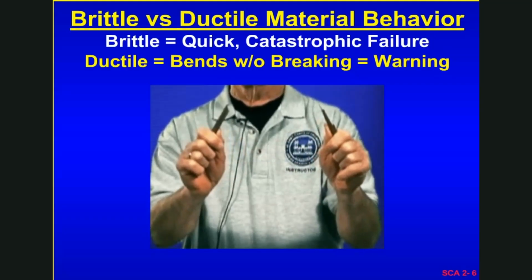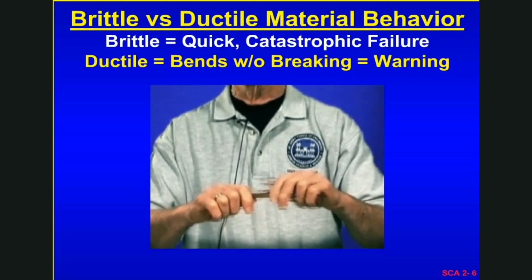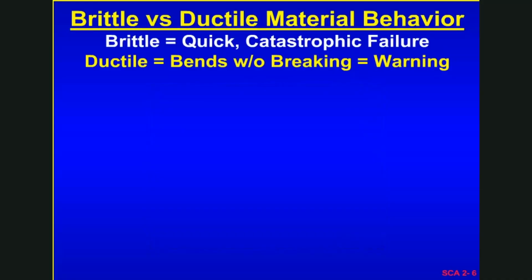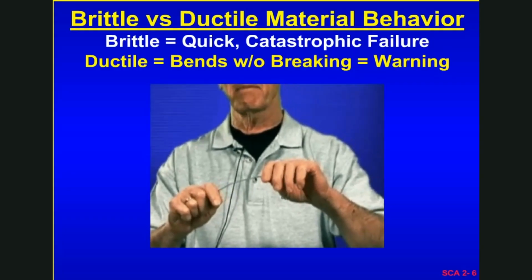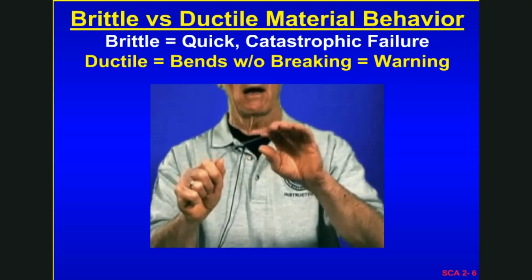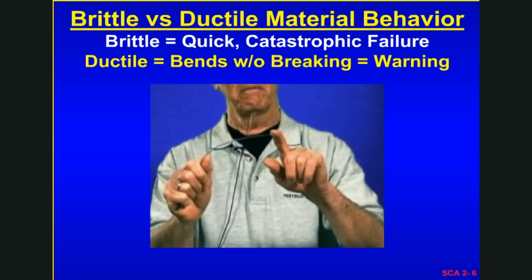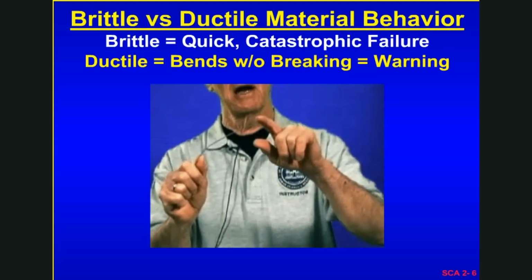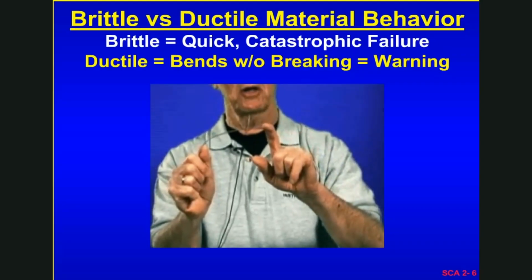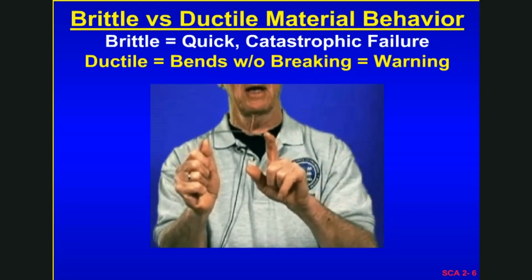Once that happens, the structure is destroyed, and that is contrasted to ductile behavior, which is where parts of a structure will bend and not break and give you a warning when the structure changes shape, illustrated by a wire where if you push on it a little bit, it will rebound, but if you push on it with great force, you will actually cause the wire to bend, and it has the almost magical property.